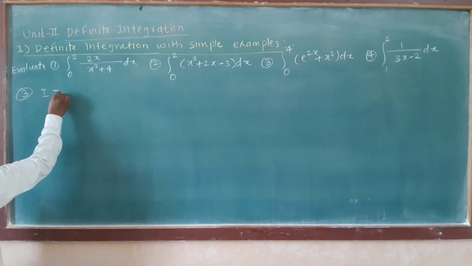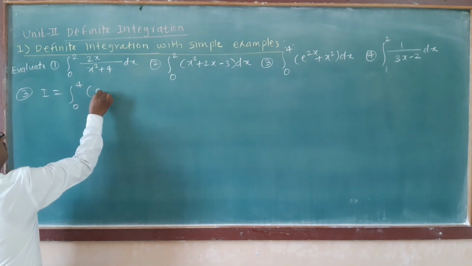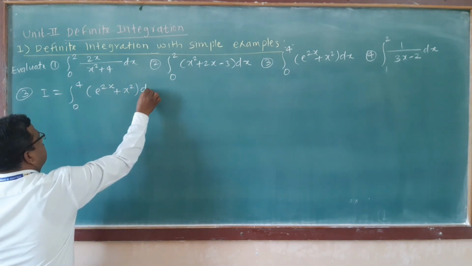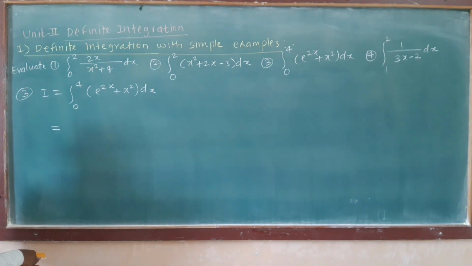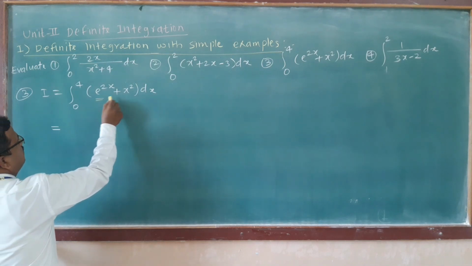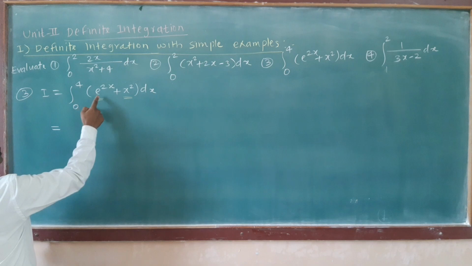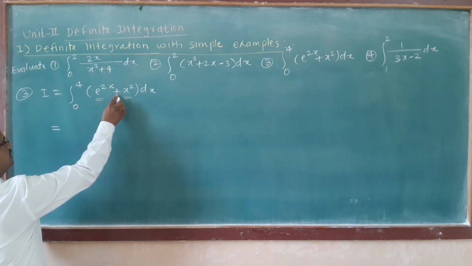call this is I, which is integration from 0 to 4 e raised to 2x plus x square dx, which is equal to, now this is sum of two terms, operate this integration over each term. We can operate in case of addition and subtraction.